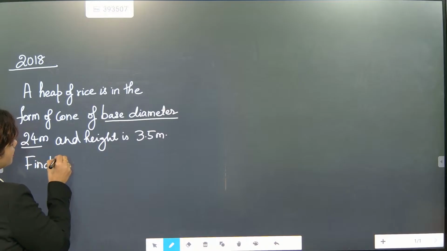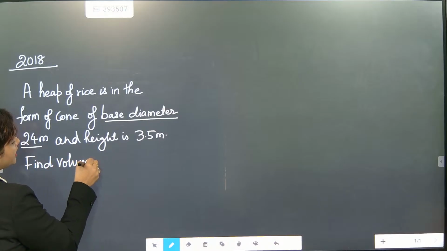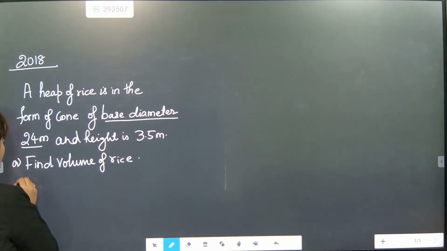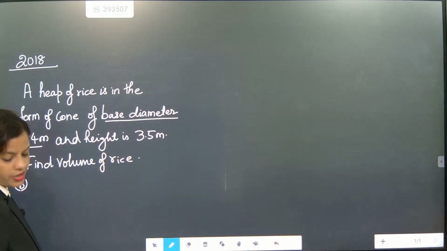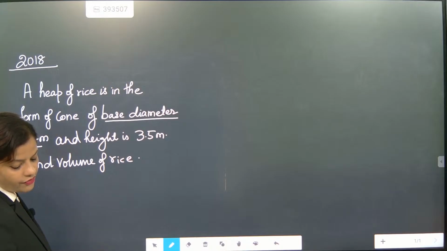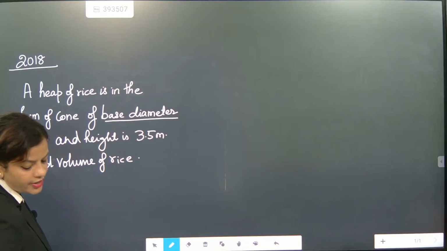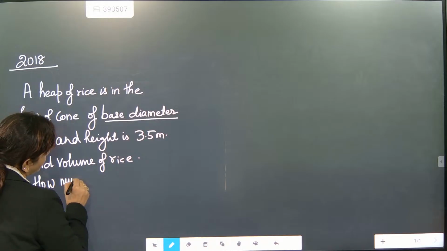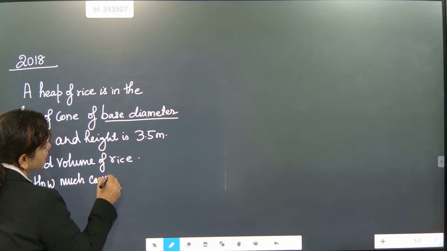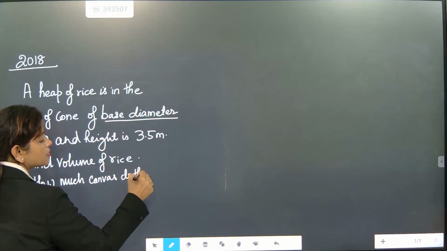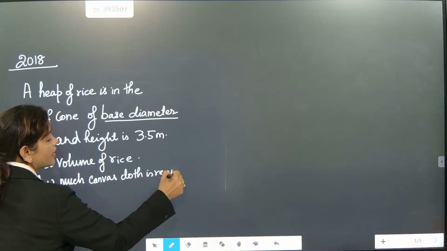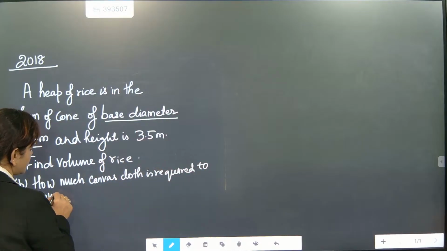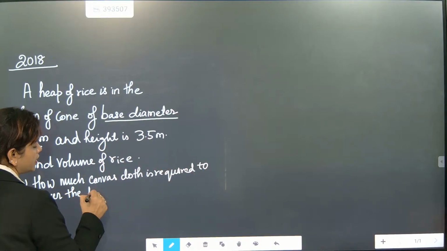First part of the question: find the volume of rice. Second part of the question, check this one: find how much canvas cloth is required to cover the heap.